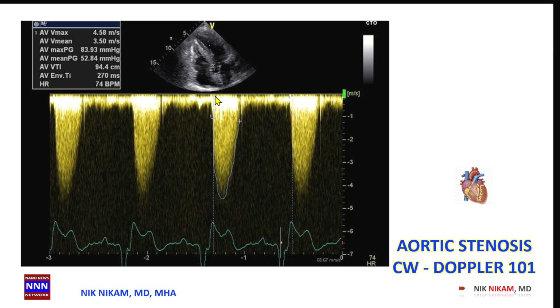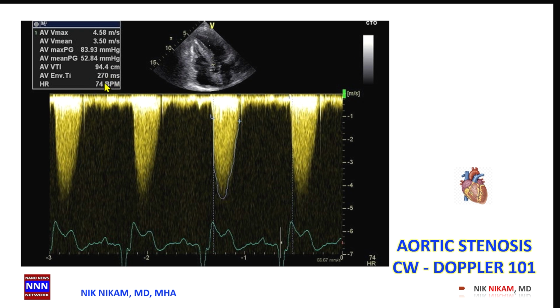We also measure the acceleration time, and in patients with severe aortic stenosis, the acceleration time can be increased. It can be greater than 60 milliseconds. As you know, in patients with severe aortic stenosis, we get a tortoise pulse or slow rising pulse when you palpate the carotid artery. It's based on the same principle because it takes longer for the wave to reach the peak because of the critical aortic stenosis.